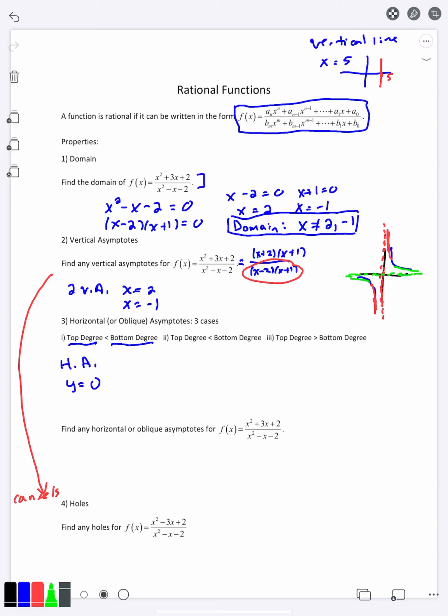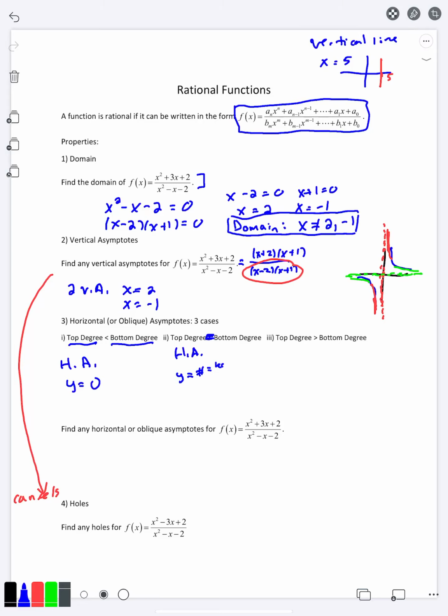Now the next thing here is if the top degree, this should have said equals here, little typo on that. If the top degree equals the bottom degree, then you are going to have a horizontal asymptote, and it's going to be y equals a number. And what number is that going to be?